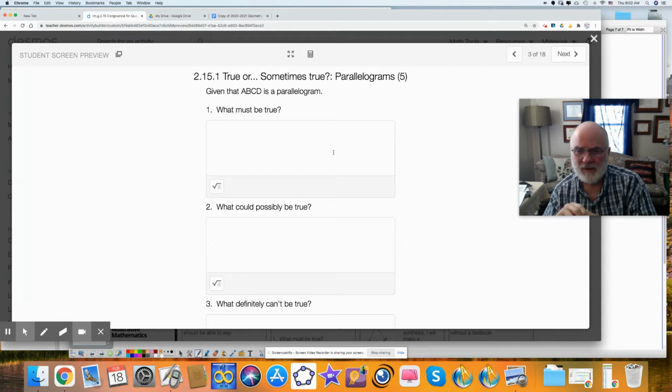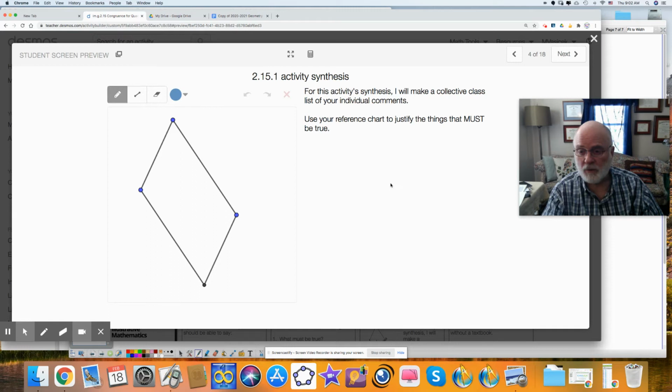If the diagonals did not bisect each other, or if only one of them bisected the other, or if only one of them was a perpendicular bisector. So you can see the idea here. The idea is, do you recognize the properties of parallelograms or of quadrilaterals based on their diagonals and based on their sides, based on their angles? And today we're going to explore that.